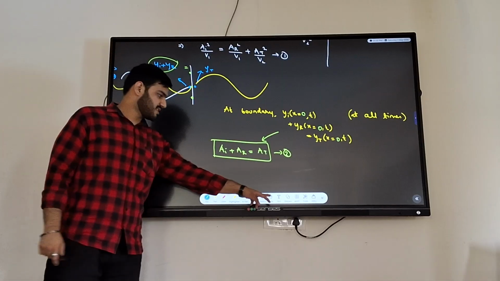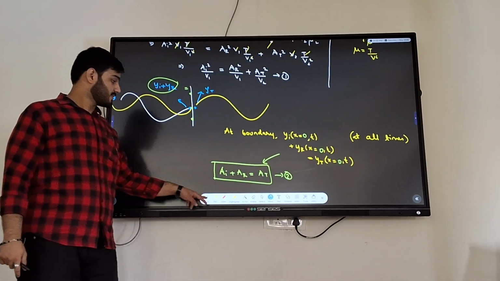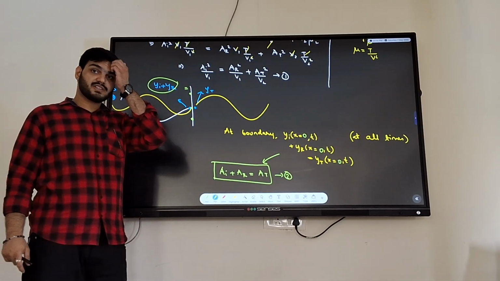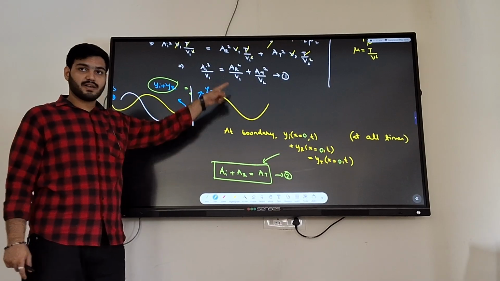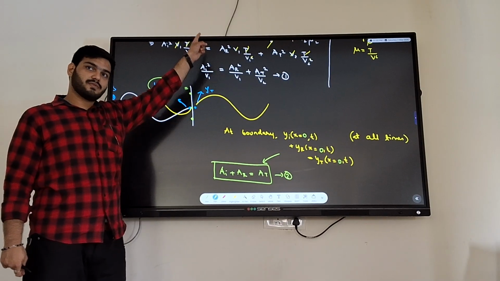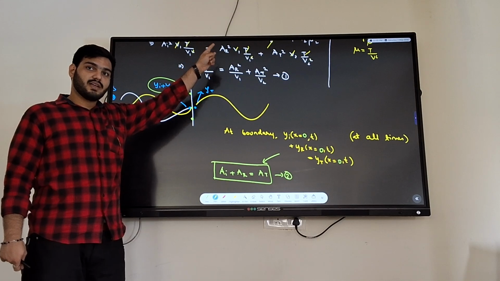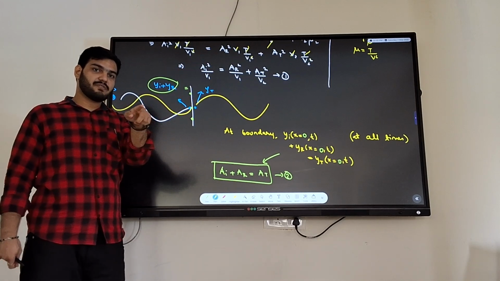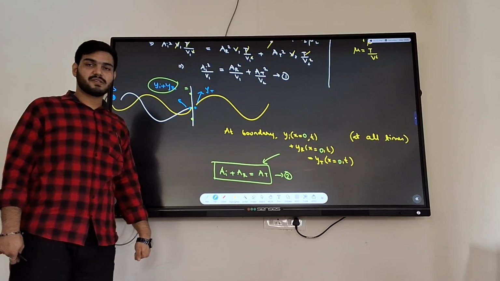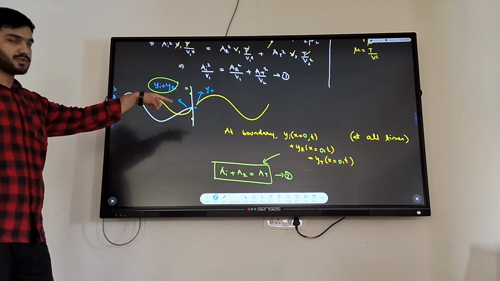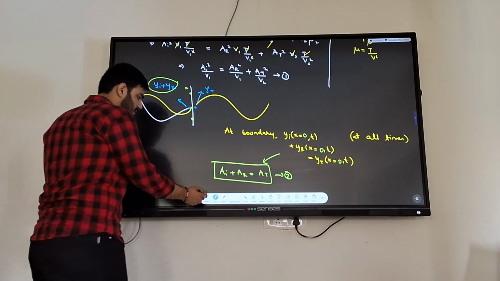So I have two unknowns, which are A_r and A_t, and if I solve this for A_r and A_t, you will get the formula that we had: A_r equal to (V2 minus V1) by (V1 plus V2) times A_i, and A_t equal to 2V2 by (V1 plus V2) times A_i. I'm not doing that as well. You should try to do it yourself.